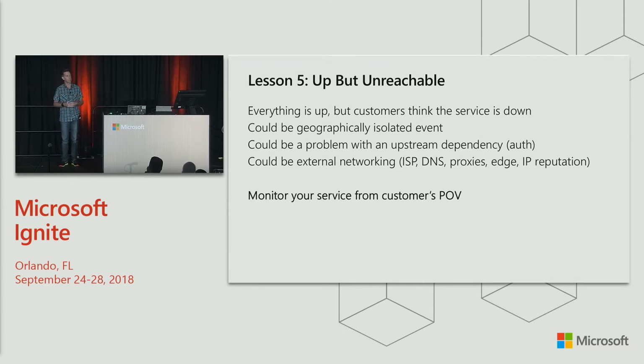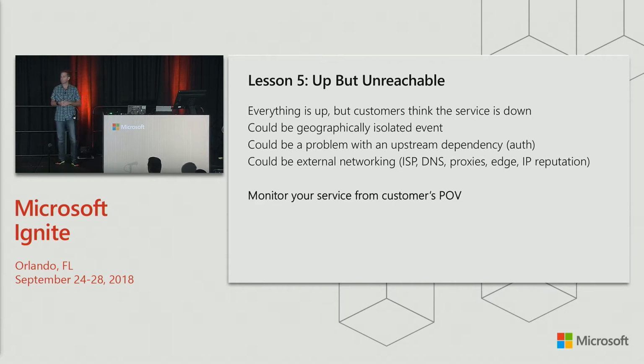The ISP can do something that affects your service, or DNS. There have been DNS outages and DDoS attacks in the last few years that have impacted lots of people. There are lots of proxies running inside different corporate IT environments. IP reputation services can come in and blacklist your IP address, and you have no idea why.